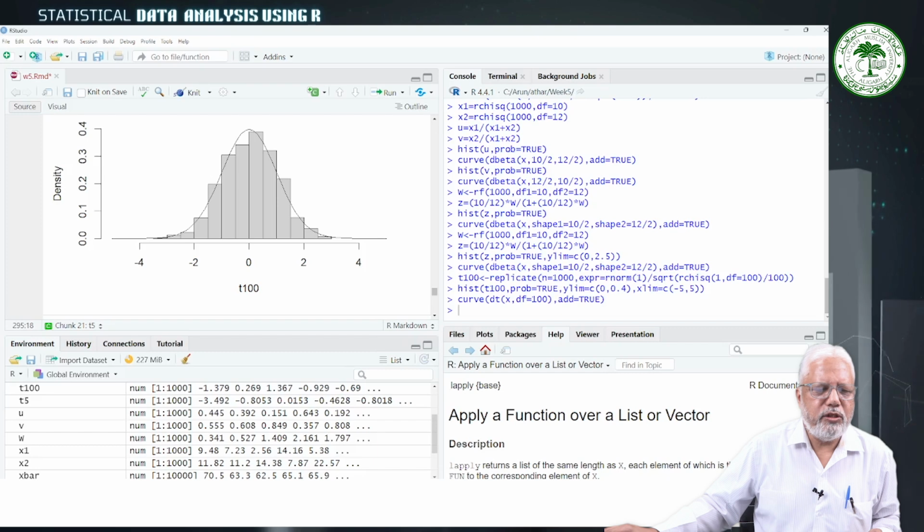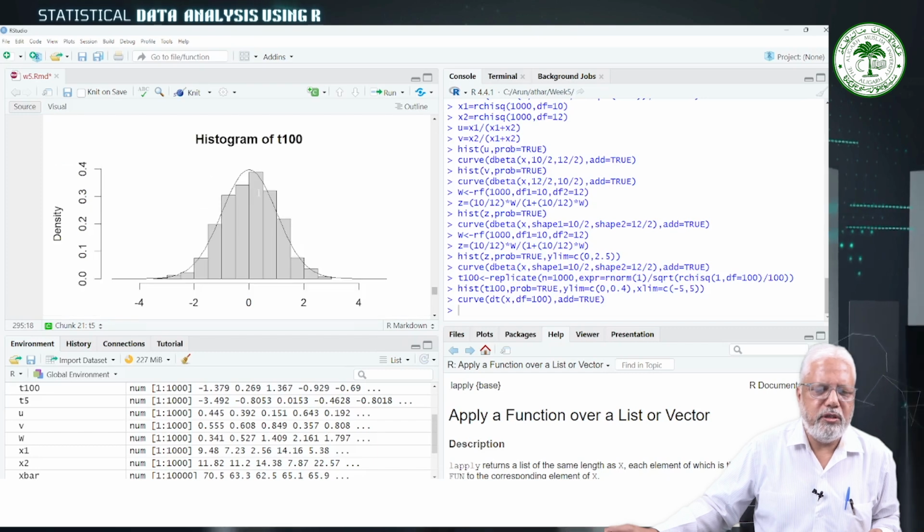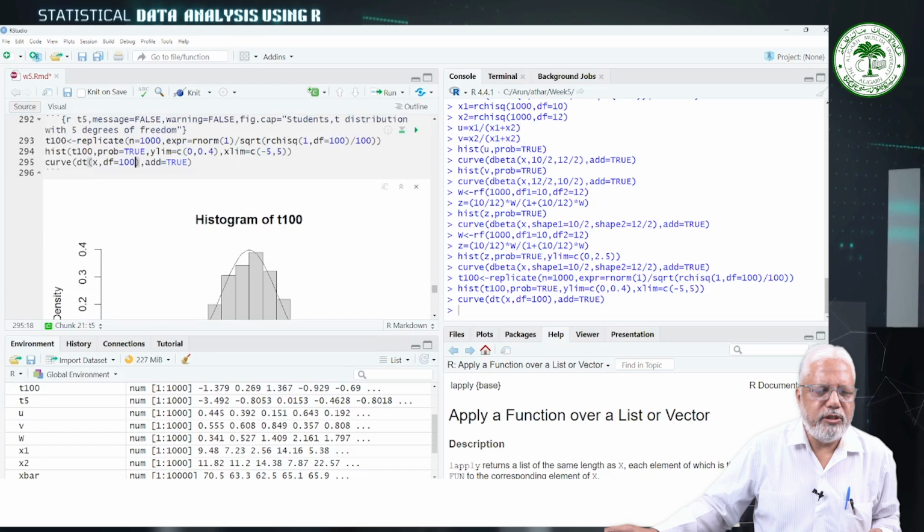Here it is very close to the normal distribution. It is very close to the normal distribution.